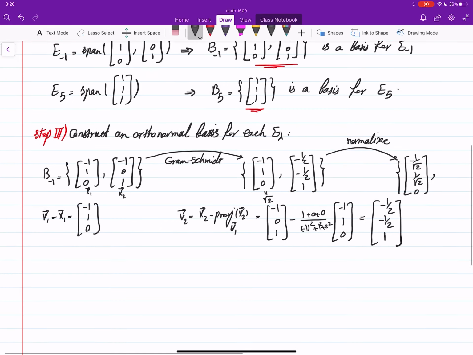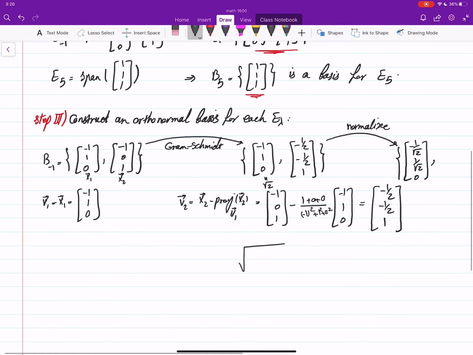How about the length of this one? It is half squared plus half squared plus 1 squared, that is 1 plus 1 plus 4 over 4, which is 6 over 4.